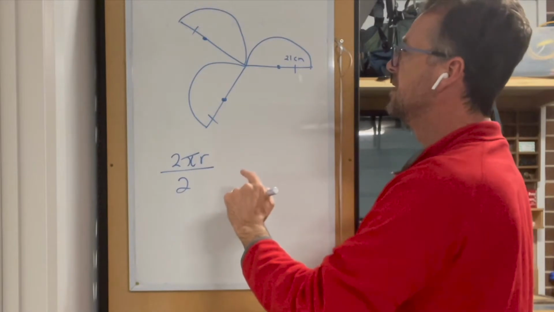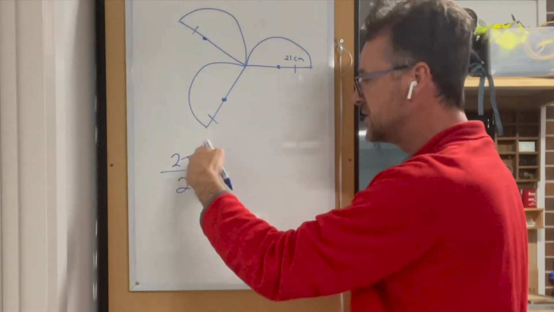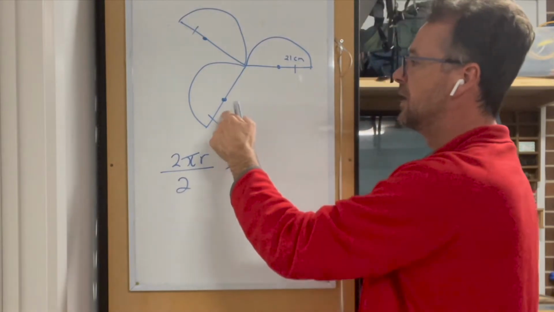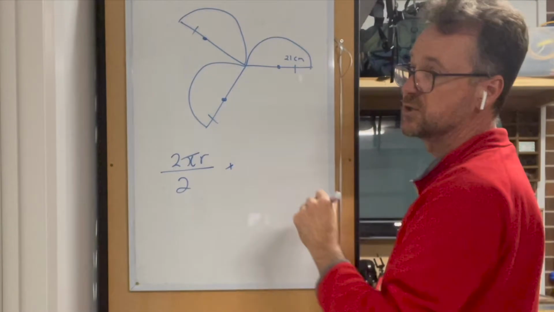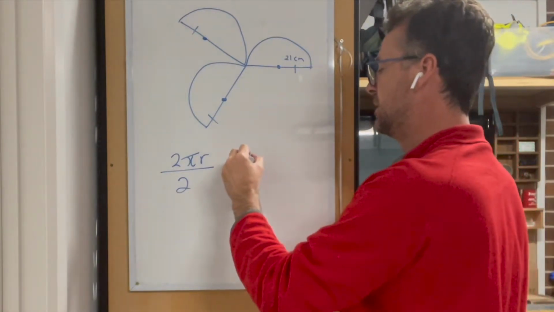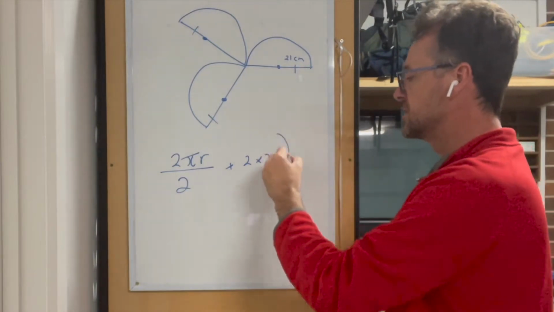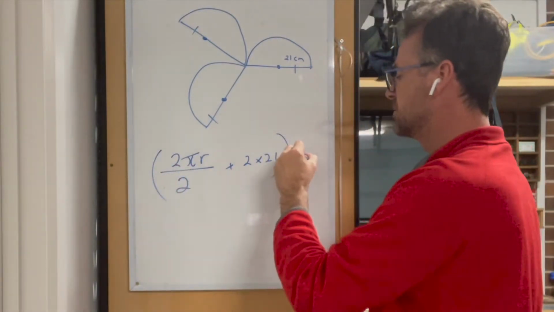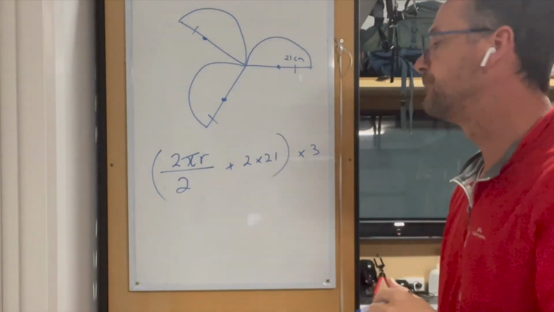We then want to add on to this the distance of that diameter, which in this case would be 2 lots of 21, 2 times 21. And then all of this you want to multiply by 3 because that will give us 1, 2, 3 perimeters all together.